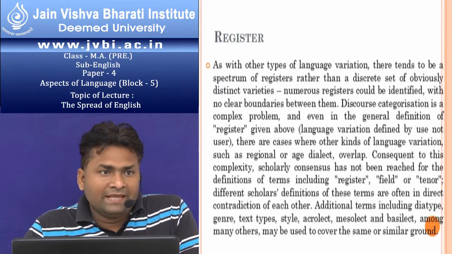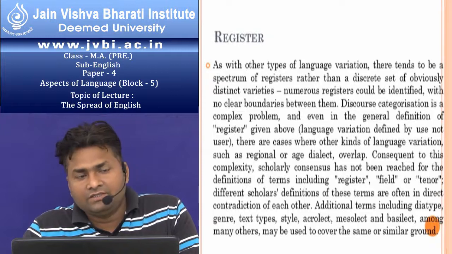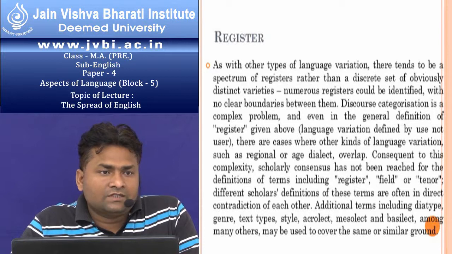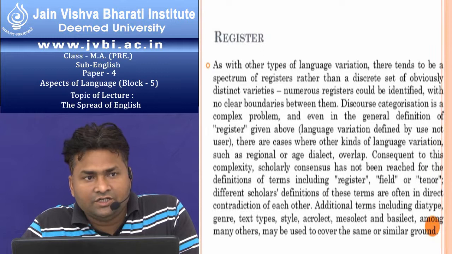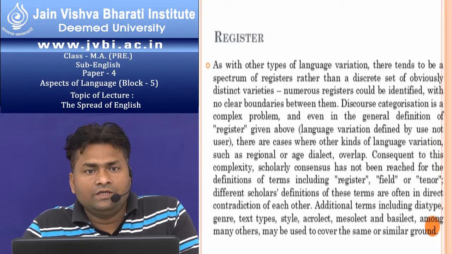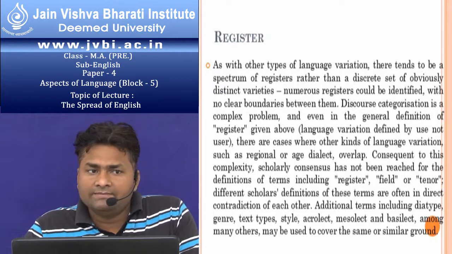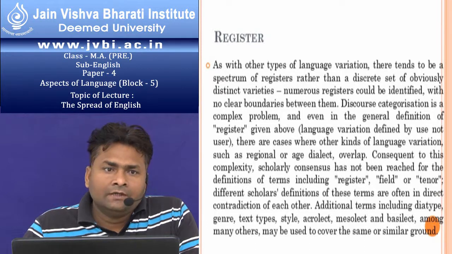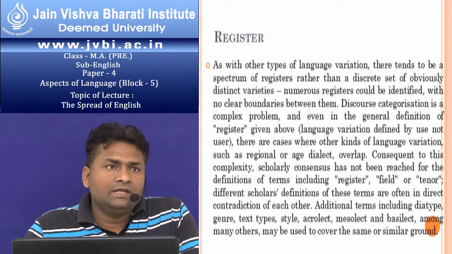Consequent to this complexity, scholarly consensus has not been reached for the definitions of terms including register, field, or tenor. Different scholars' definitions of these terms are often in direct contradiction of each other. Additional terms including diatype, genre, text type, style, acrolect, mesolect, and basilect, among many others, may be used to cover the same or similar ground.